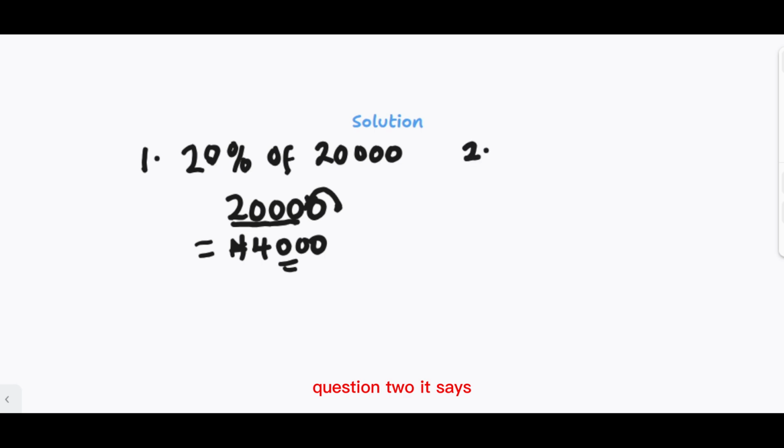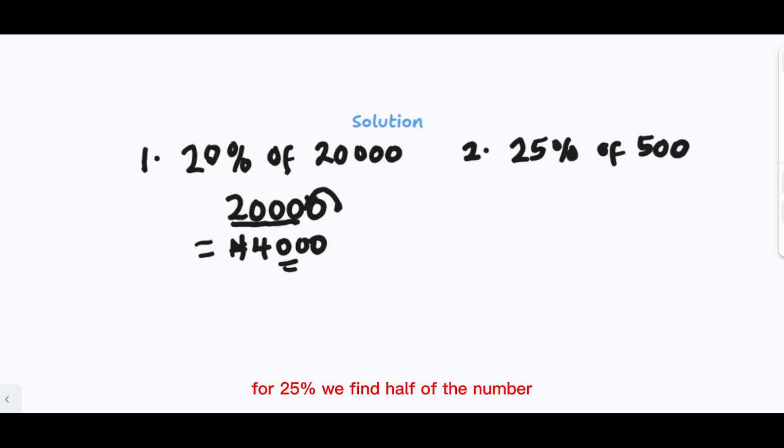Question 2. It says, what is 25% of 500 naira? So, our shortcut says, for 25%, we find half of the number and then we halve it again. So what is half of 500?